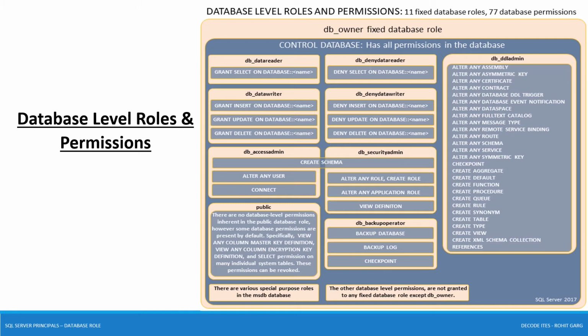DB security admin can do creation of roles and view definition permissions. DB backup operator can do the backup and run the checkpoint command. DB DDL admin can create and alter these database objects.